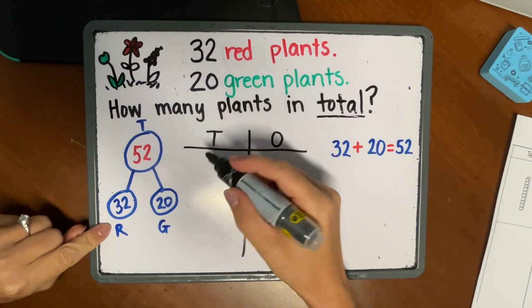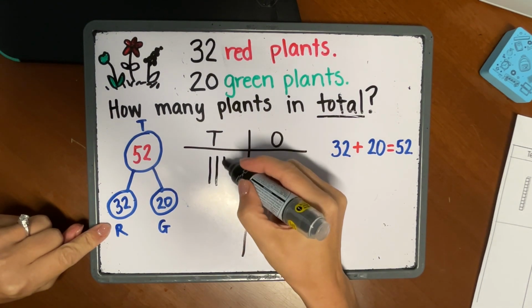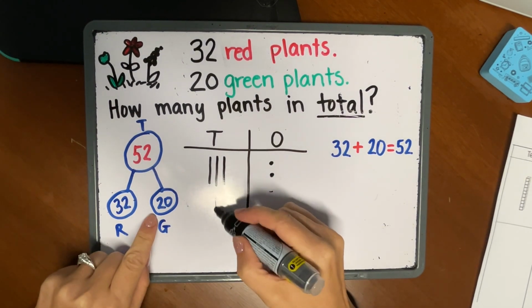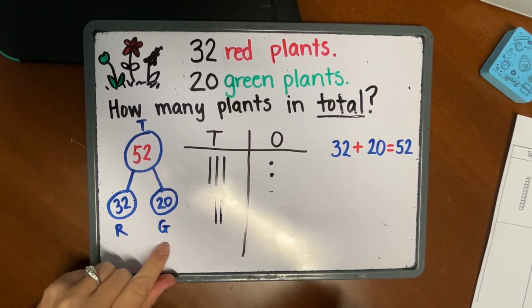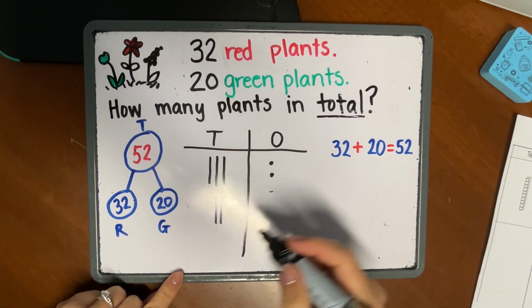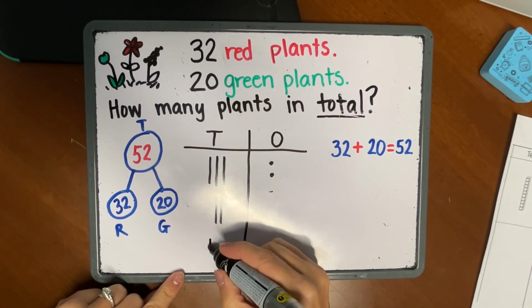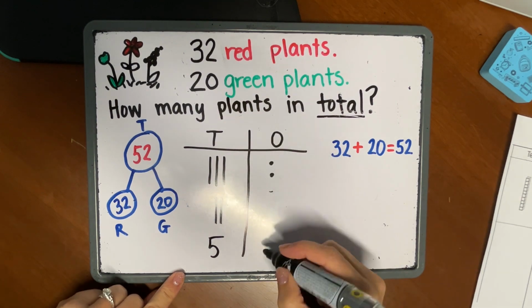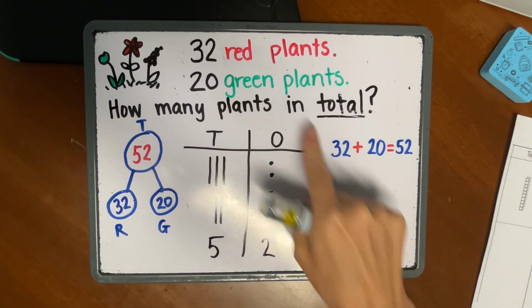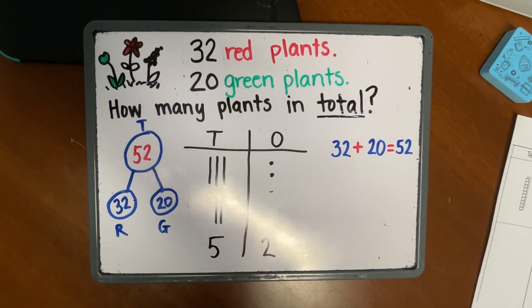Okay, I had 32 1s, and I had 2 10s for the green and no 1s. Altogether, I can see that that is 5 10s and 2 1s, 52. This is another way to draw what I did.